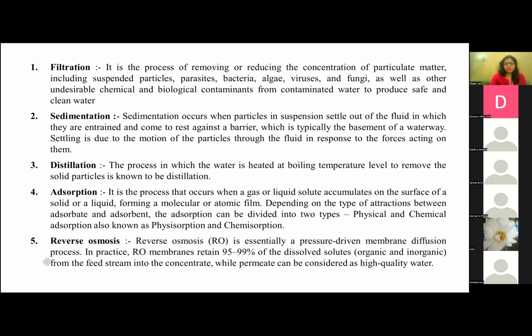So adsorption is another method, but still it does not clean the water 100%. Full satisfaction is not there after using this water.